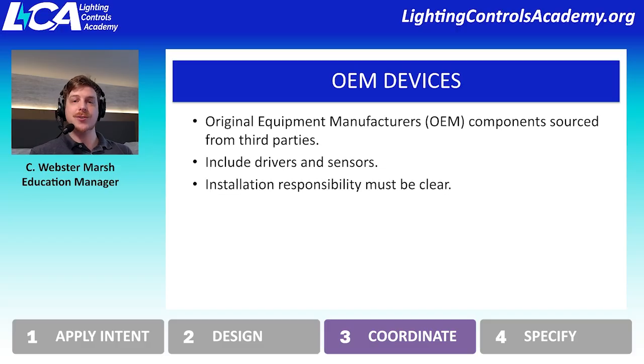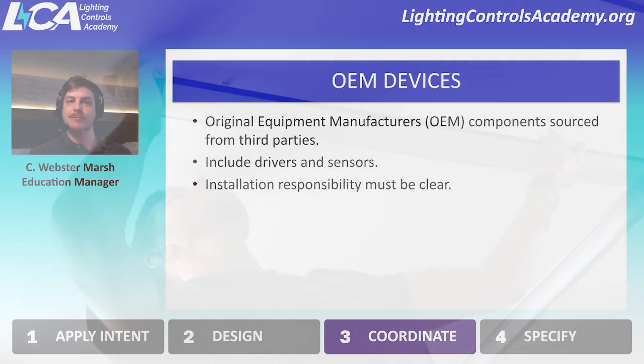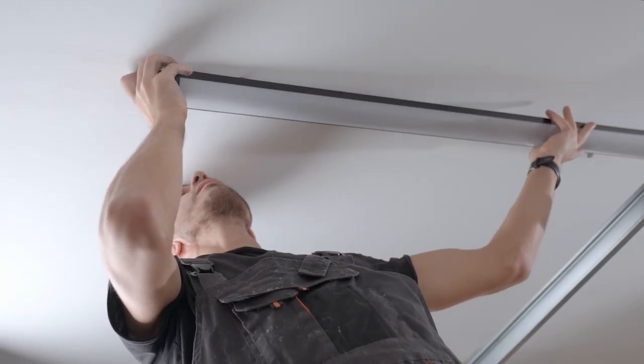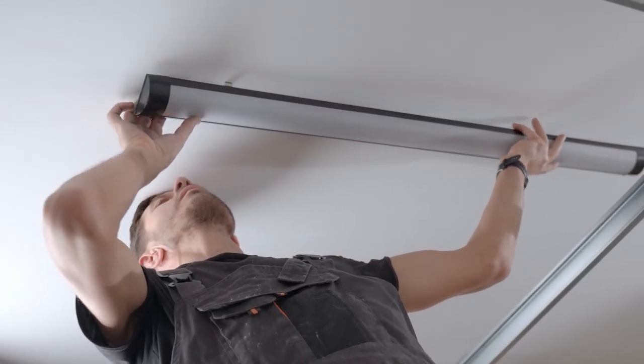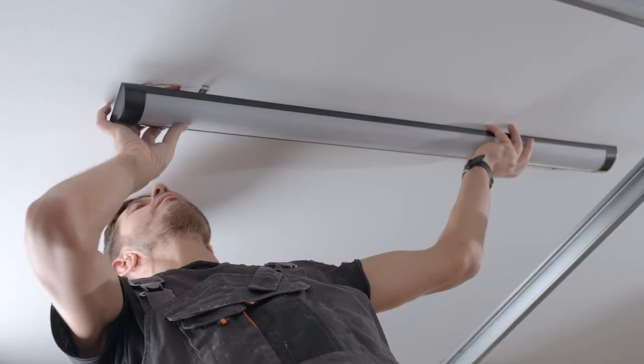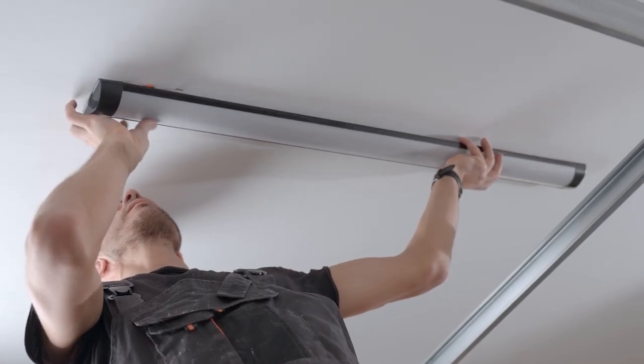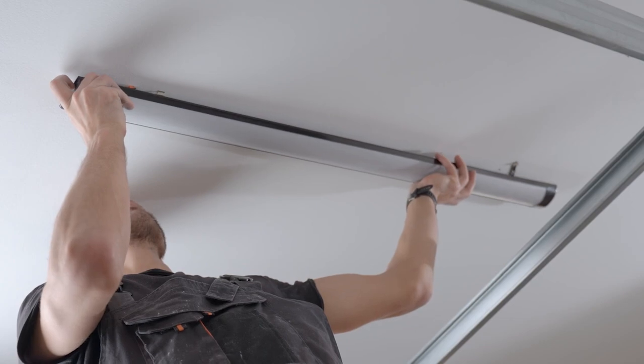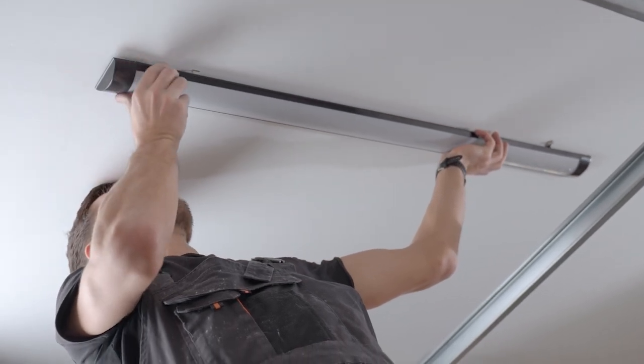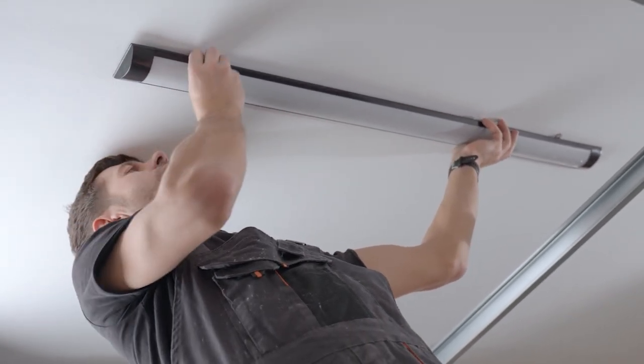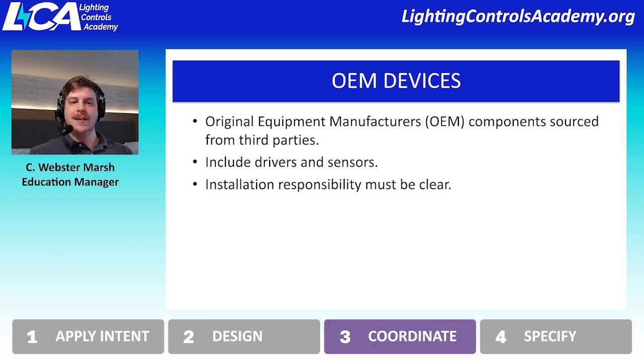But it's important to identify exactly who's responsible for the installation, because sometimes OEM might mean that the device is now being installed in the field rather than in the factory, which can impact the cost of installation for the project. And if the contractor did not plan to install a dozen sensors in a dozen fixtures in the field, that might be an additional cost to the project that wasn't planned for.